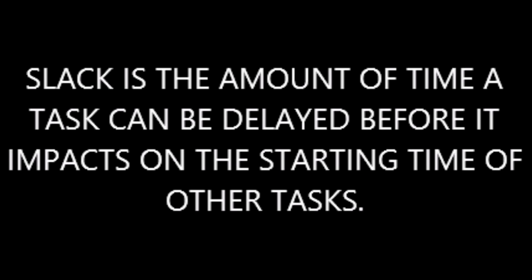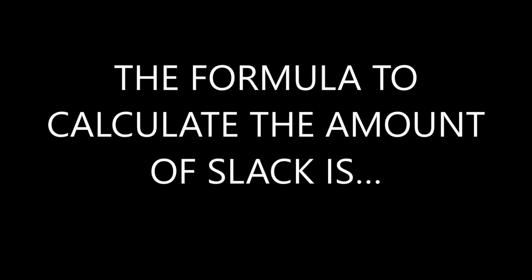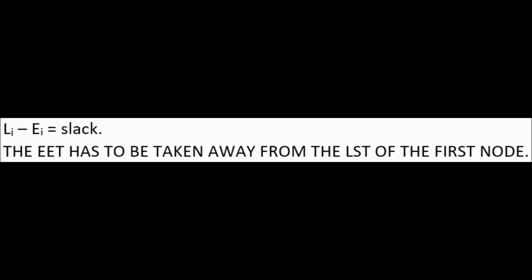Slack. Slack is the amount of time a task can be delayed before it impacts on the starting times of other tasks. The formula to calculate the amount of slack is Li minus Ci equals slack.